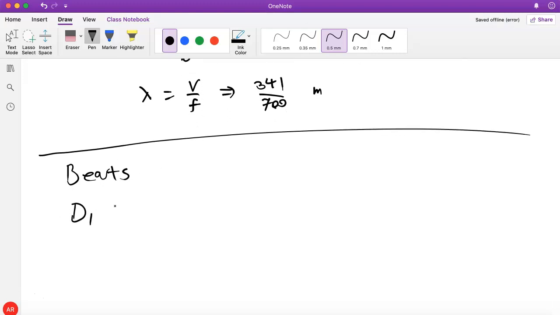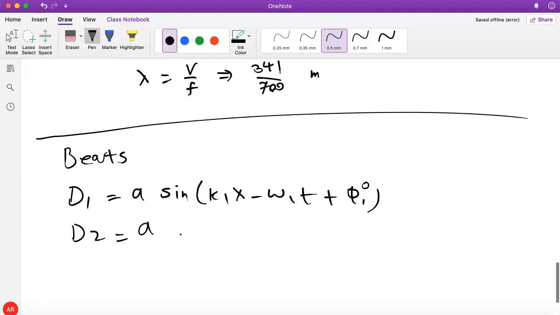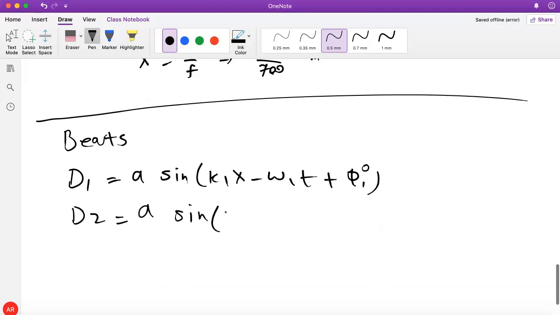Let's say D1 is sine of k1 x minus omega 1 t plus some phase constant, and D2 is sine of k2 x minus omega 2 t plus phi 2 naught. Okay?